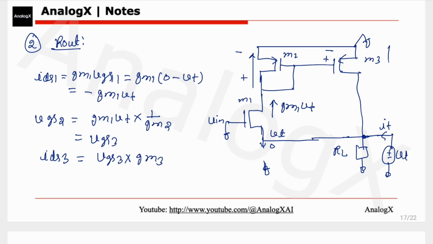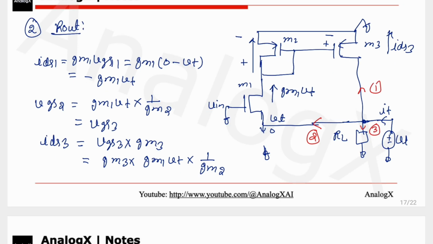So this current IDS3 will be gm3 times this value, that is gm1 Vt into 1 by gm2. So there are in total this one current, this one, and there is this third current.